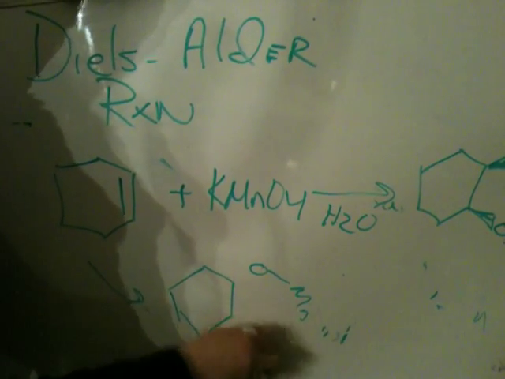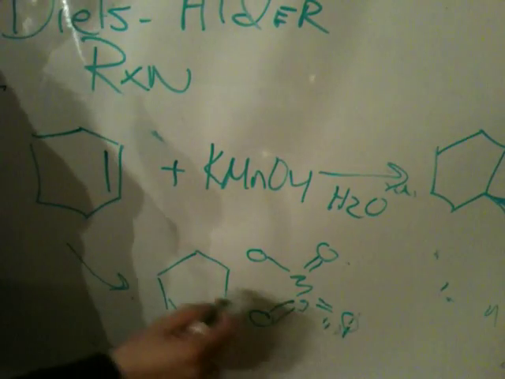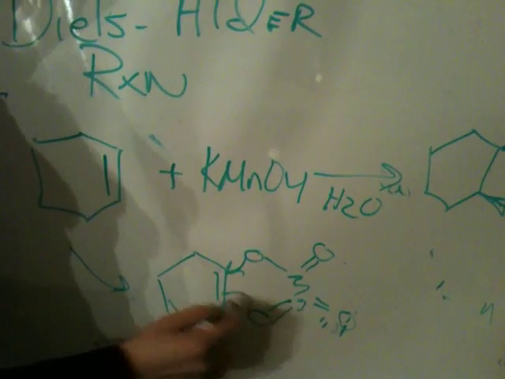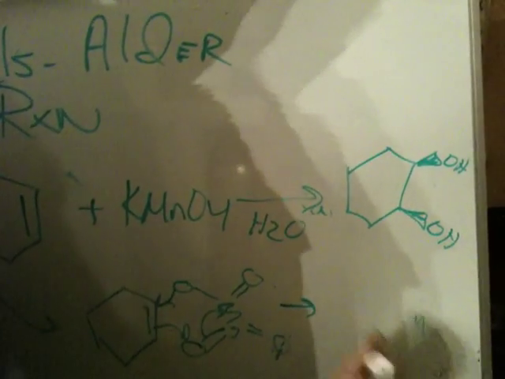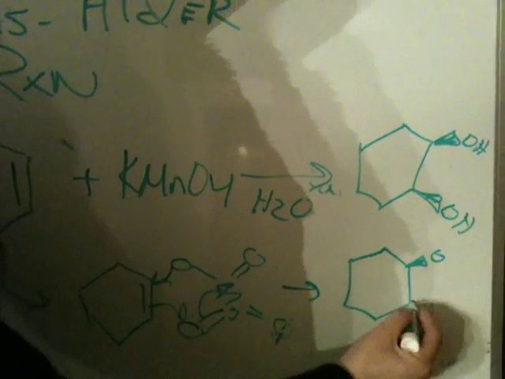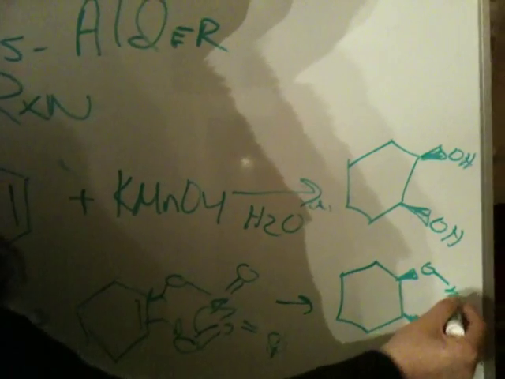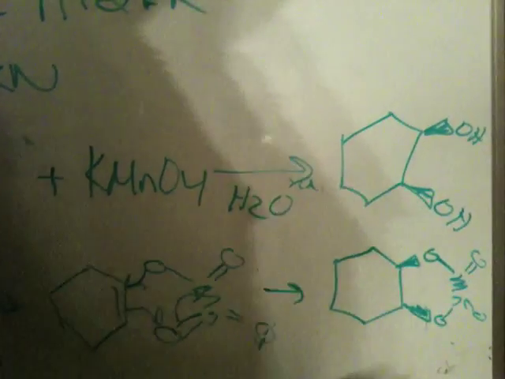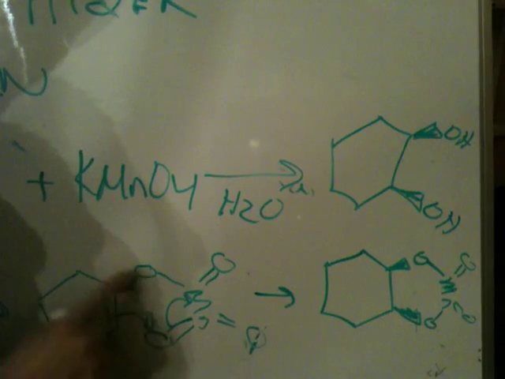the manganese, which is in a 7 oxidation state, so that's how I'm drawing the bonding, forms an intermediate, a cyclic intermediate, in which the two oxygens more or less join at the same time to the oxygens.